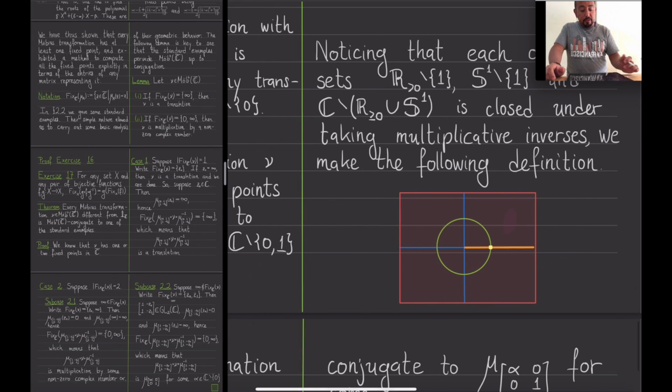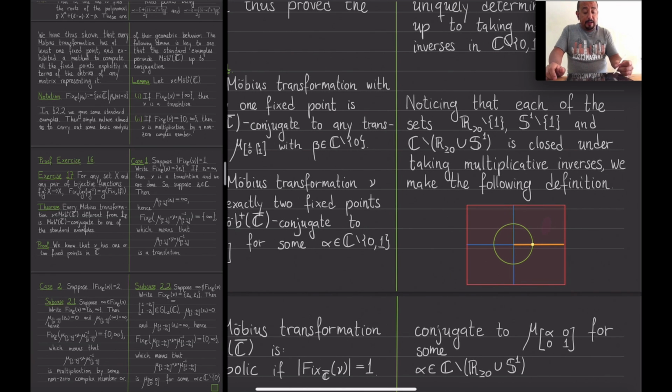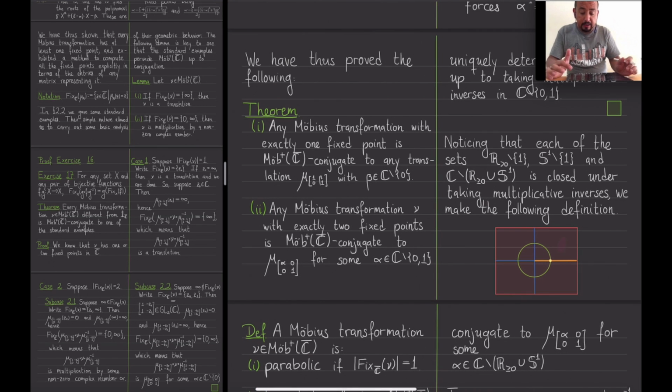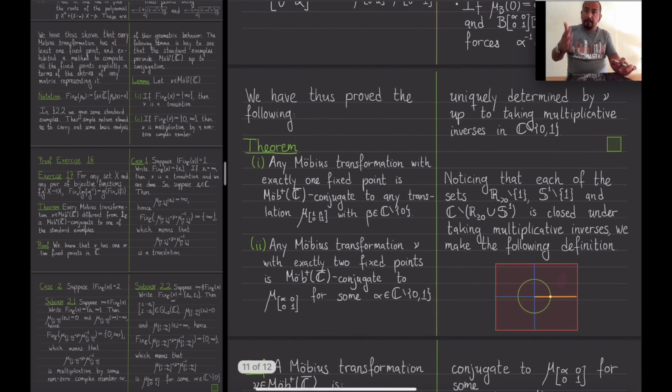And so you see, if you plot the value of alpha, it covers the whole complex plane minus 0 and minus 1. I mean, because we are interested in multiplication by alpha in such a way that we obtain a Möbius transformation different from the identity.